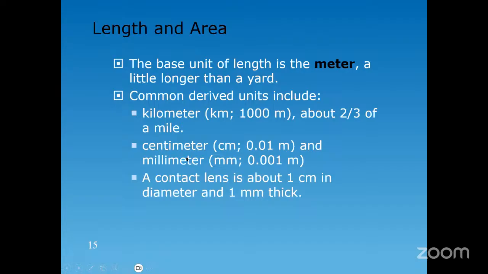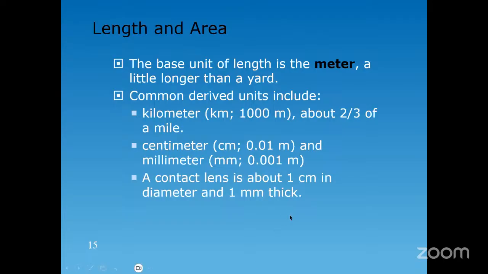And milli means 1,000th, so therefore 1 millimeter is equal to 1,000th or 0.001 of a meter. And just to give you a feel for what we're talking about here, a contact lens is about 1 centimeter in diameter and about 1 millimeter thick. So that gives you an idea as to the type of values we're looking at.